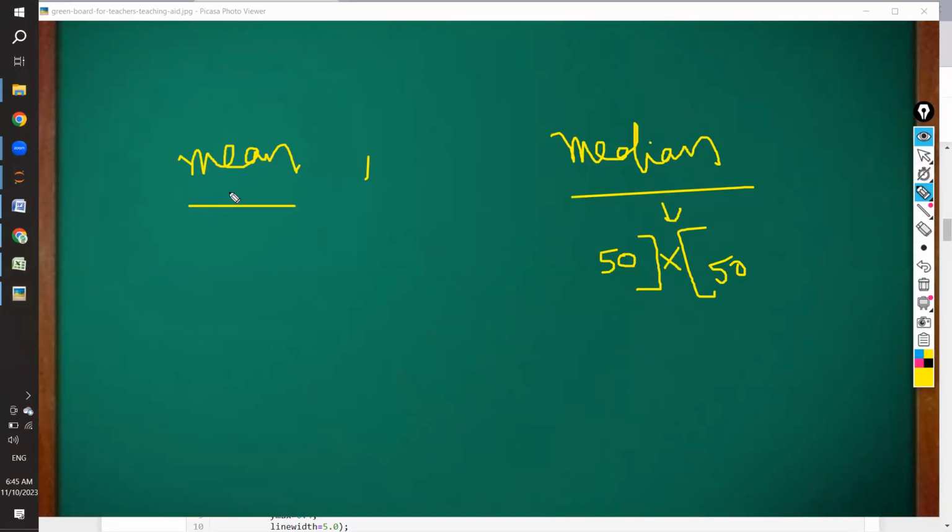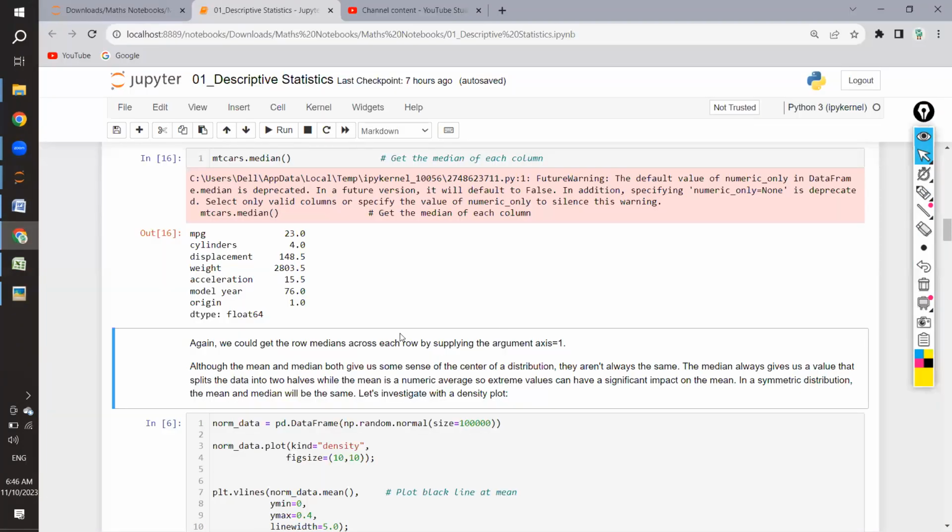But the mean's goal is just the numeric average. That's why, as we have seen yesterday, any new number that gets added to the data set, the mean will think it's its responsibility to do justice to this number also, and it will try to shift in that direction, so it gets easily influenced. Yesterday we have seen this, and today we can see that practically.